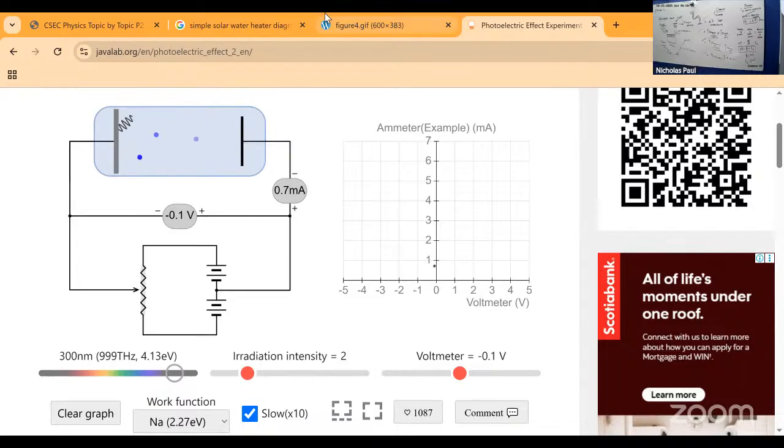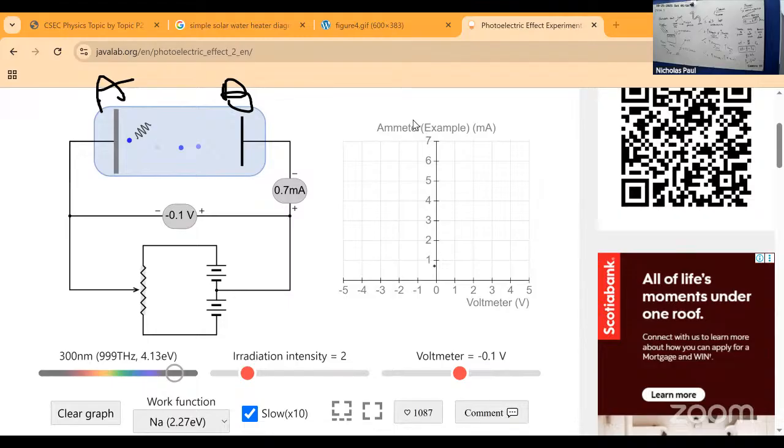Let's label the plates. Let's call this plate A and let's call this plate B. You're seeing that? So the electrons are leaving plate A and going to plate B. So it means that the photoelectric effect is happening, and because electrons are moving, we end up with what?